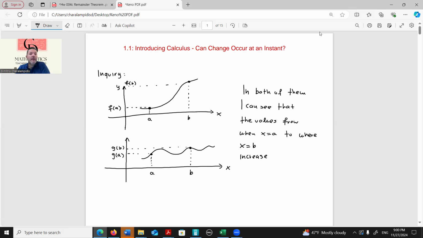We can see that f of a is smaller than f of b, and at the same time, g of a is smaller than g of b.